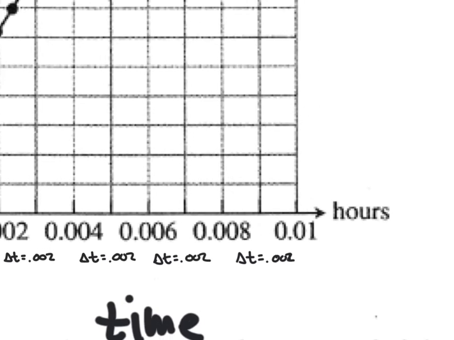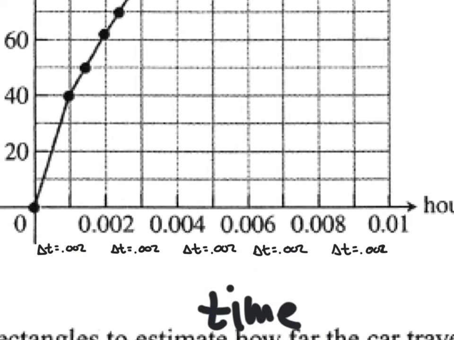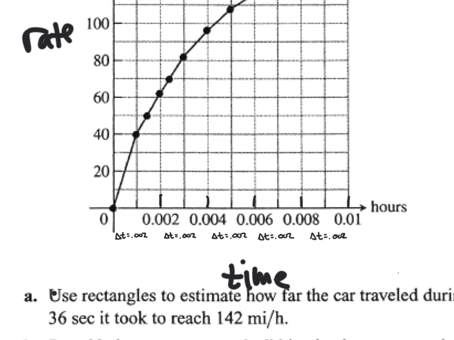All right, so what I'm going to do is partition this into these different partitions. I've got 5 of them. I'm going to use these midpoints to draw our rectangles, and we'll use those midpoints to give our height. So I want to find the midpoint here.